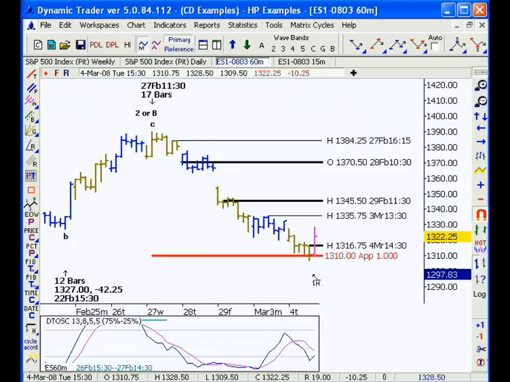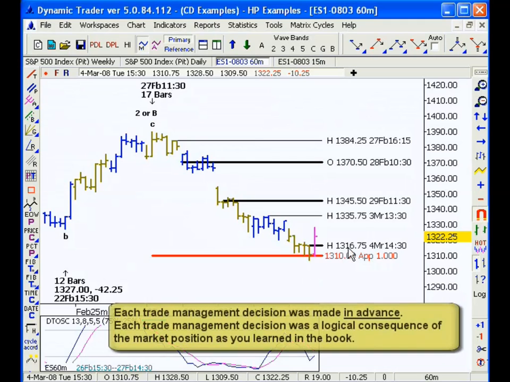Market continued lower, and our strategy that we had made up in advance was that if the market reached the 100% alternate price projection or the daily momentum made a bullish reversal, then we would trail the stop one tick above the 60-minute one-bar high. And it reached the 100% alternate price projection before the daily made a bullish reversal. We trailed our stop, and we're stopped out at 1317.